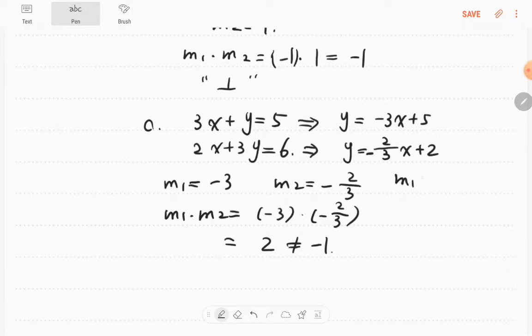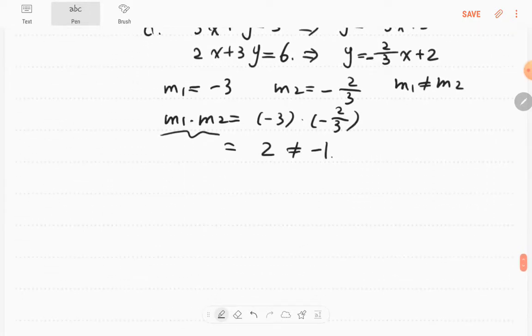So m1 is not equal to m2, and the product is not equal to negative 1. So our conclusion is neither. They are neither parallel nor perpendicular.